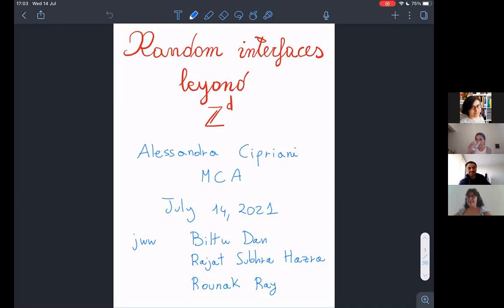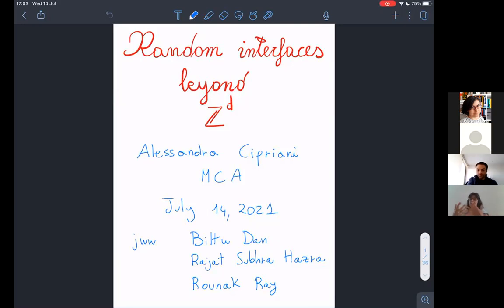So today what I would like to talk about is this joint and actually ongoing work on random interfaces beyond Z^d. It's joint work with three people: Bill Tudan from Bangalore, Rajat Hazra from Leiden, and Runa Krai, who's now in Eindhoven.